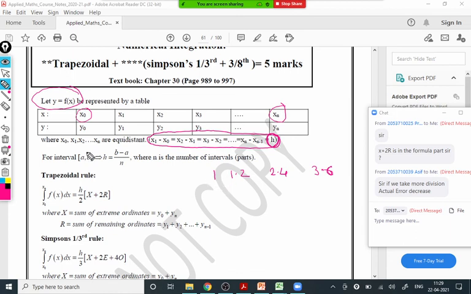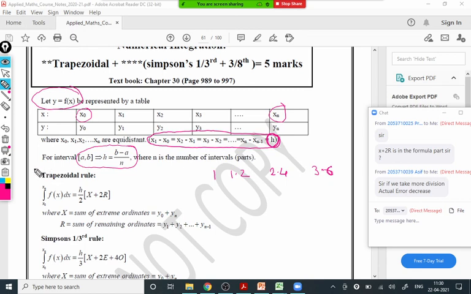Now the relation between initial point a and final point b: n is the number of intervals or parts, and h is the interval width. So h is equal to (b minus a) upon n. That is the formula.